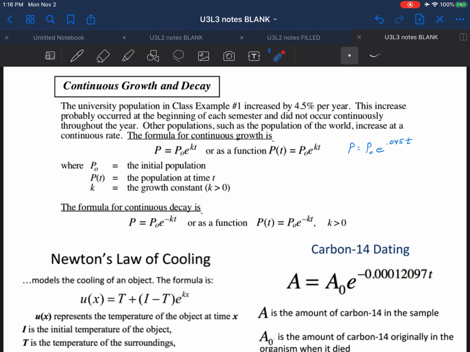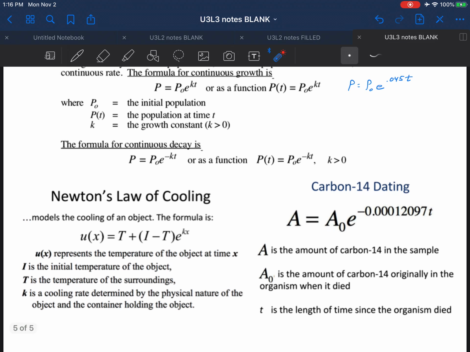Okay, if we have decay, it's this equation, right? The only thing that changes is instead of a k, we have a negative k value, right? And we also have these Newton's law of cooling and carbon-14 dating examples, right? So this is the rate at which something cools, depending on the ambient temperature of the fluid around it, right? So I is the initial temperature of the object, that's this.